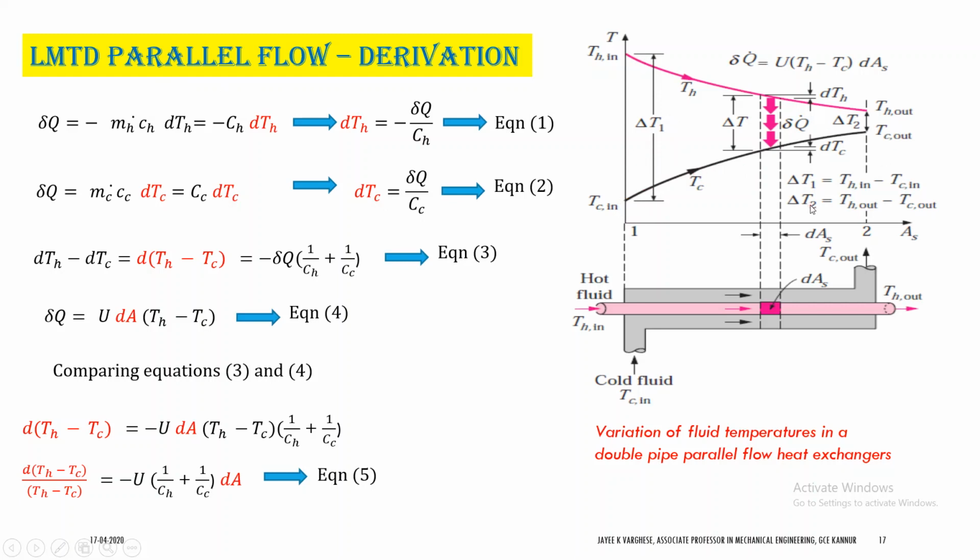So here we can see that hot fluid enters at a higher temperature THI and leaves at a lower temperature THO. Whereas cold fluid enters at the same end at a temperature TCI, and as it flows along the heat exchanger tubes or passages, its temperature increases to TCO.